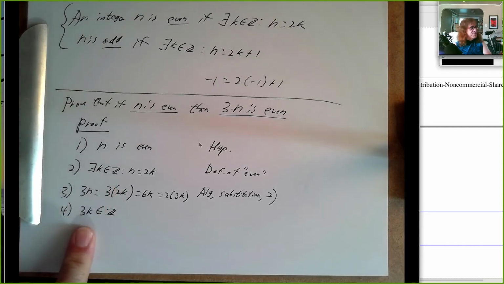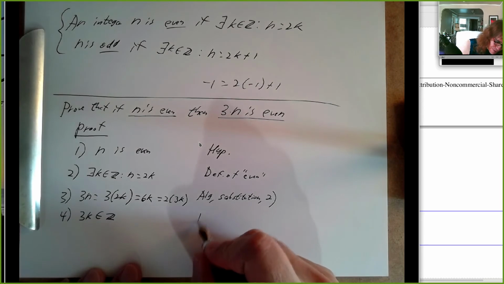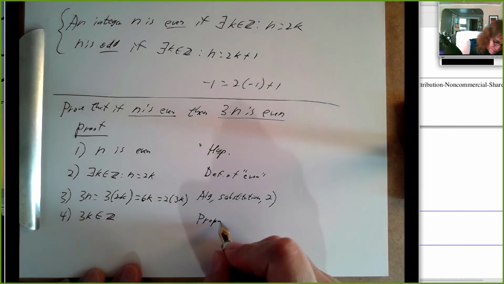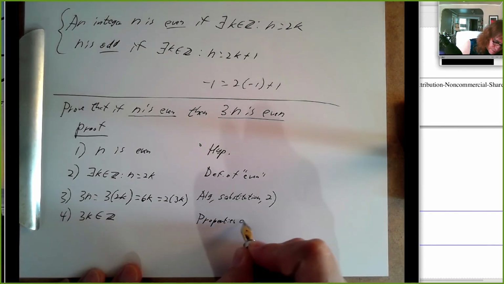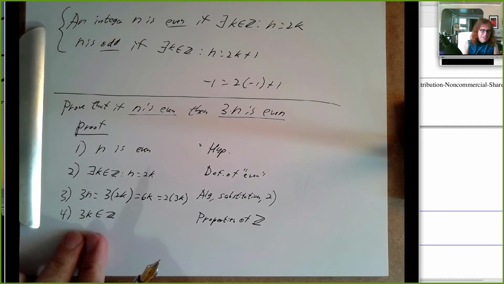If I take an integer and multiply by 3, I get an integer. How do I know that? I'm just going to say properties of integers. If I take an integer, multiply by 3, I get an integer. It's something called closure. But the key here is this observation that 3 times k is an integer.